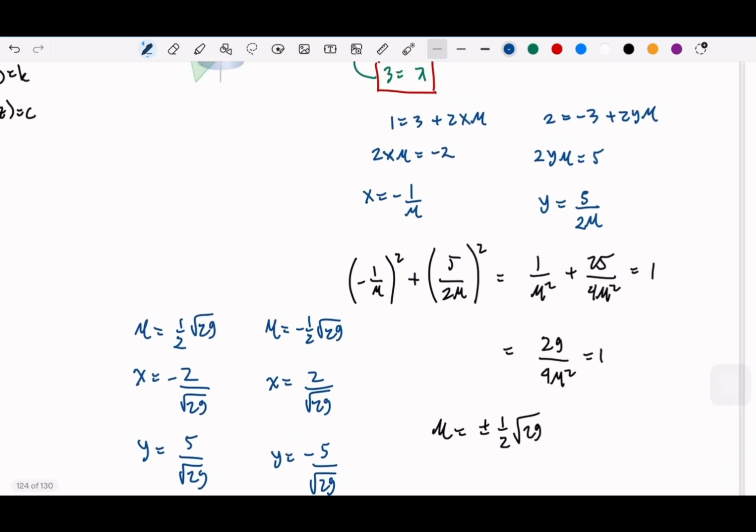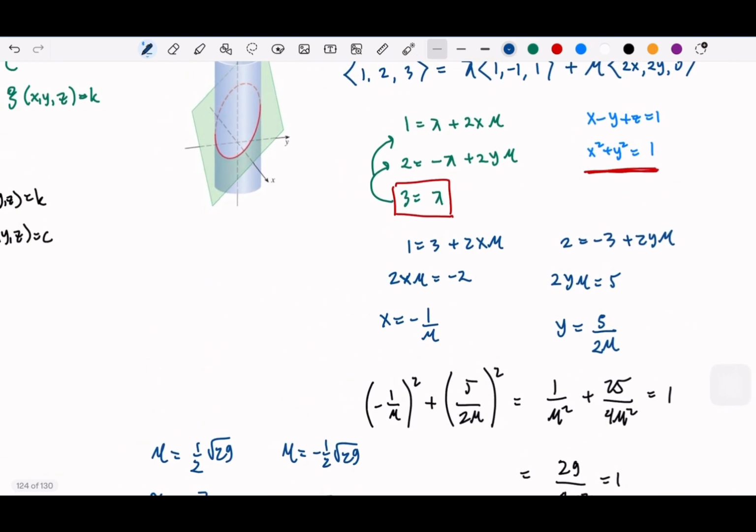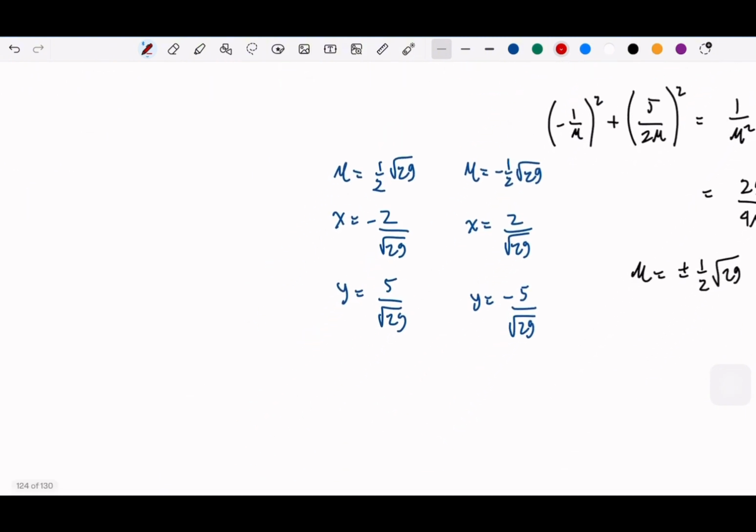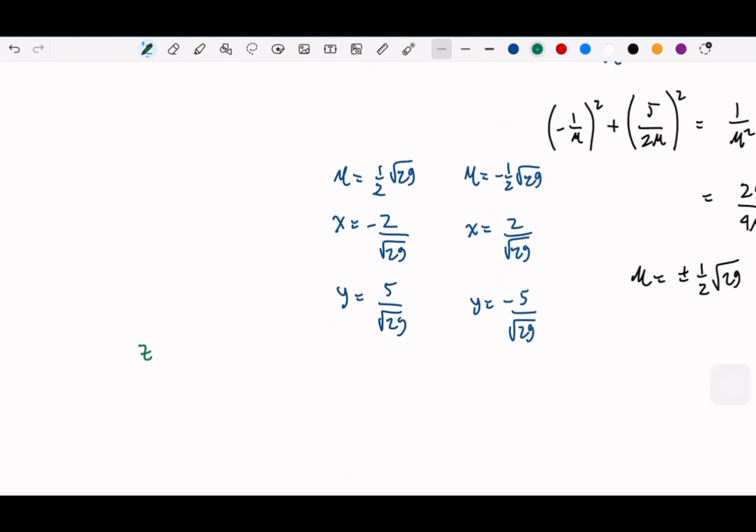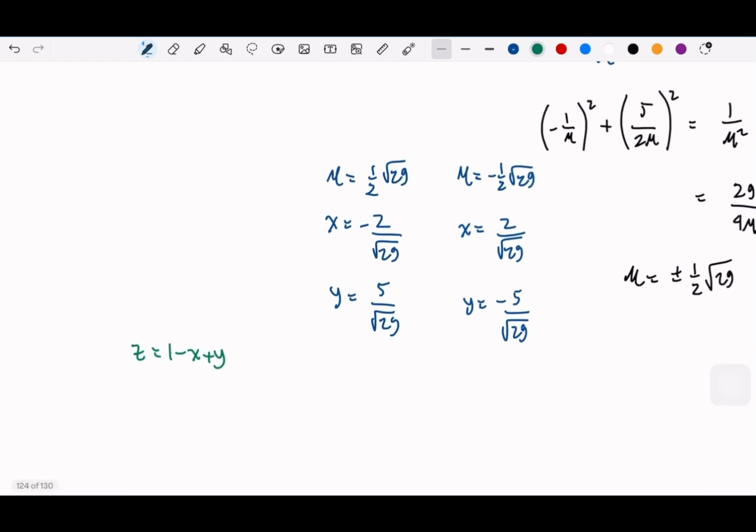Okay, and then we have z, which is derived from this one. So let me write here that z is 1 minus x plus y, so we can have all of this. Z is 1 minus that part.